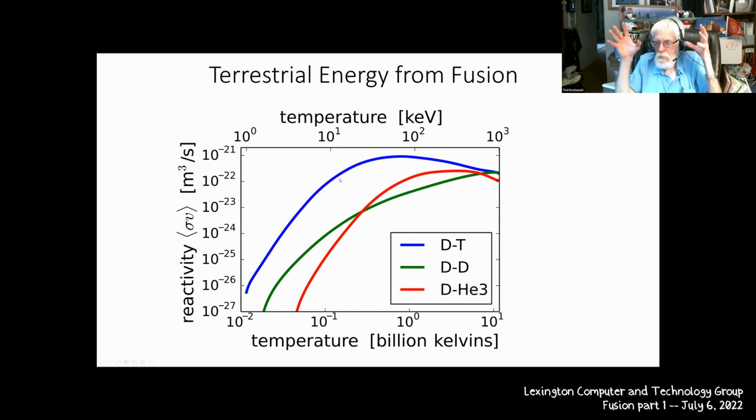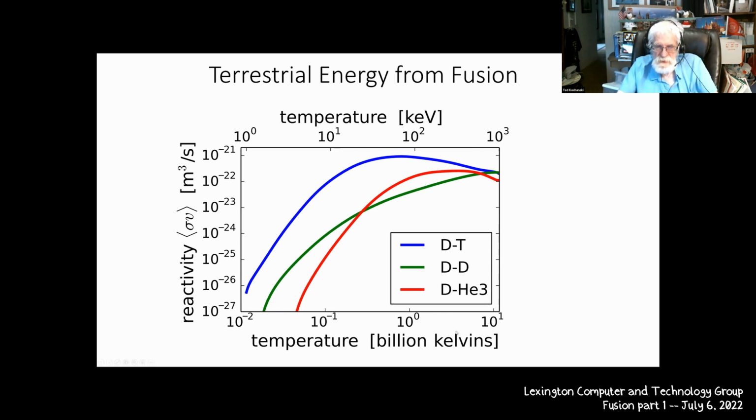But you have to remember, and I had a plot, but I took it out, of the distribution of energy of particles given any kind of a normal distribution, so a Gaussian-like distribution. Out in the tail, there are particles that are moving much faster than the average.